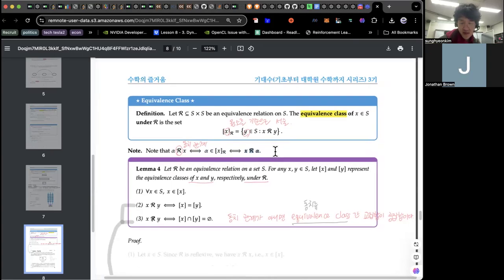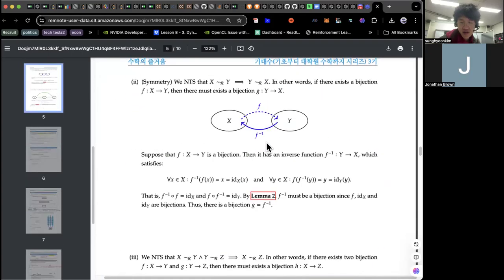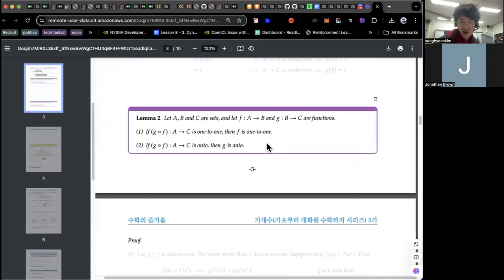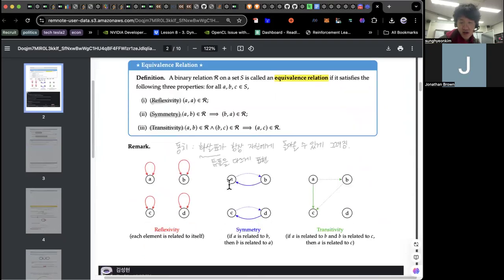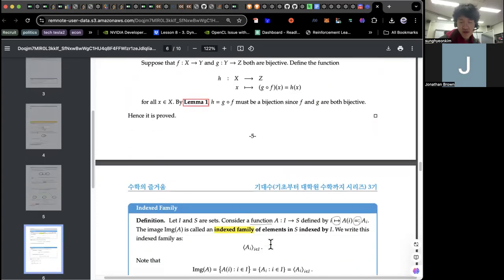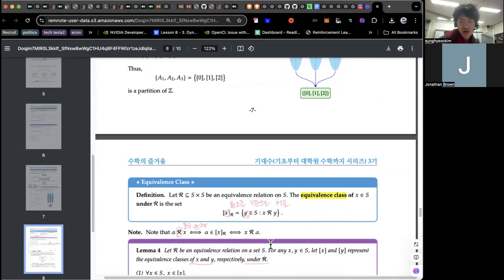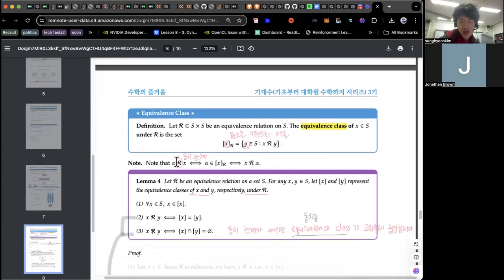Yeah, it feels like this is just associativity, or rather symmetry. I think symmetry is already defined in equivalence relation, but I don't know why it comes out again. They already gave the equivalence relation.